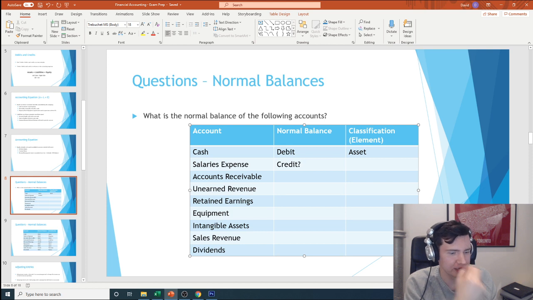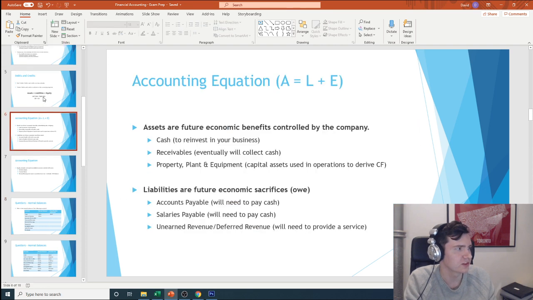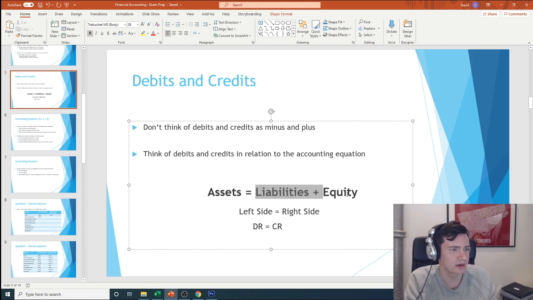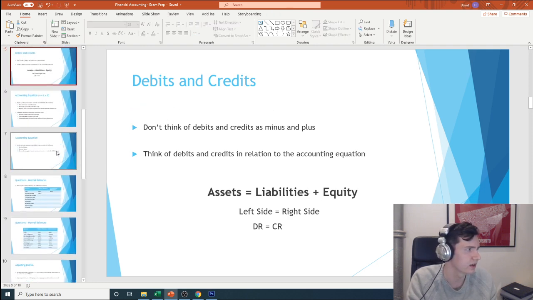is going to be a debit because if you think about it, let's go back to the accounting equation where assets have a normal balance of debit and liabilities and equity have a normal balance of credit. So let's think about what all the subdivisions of equity are.